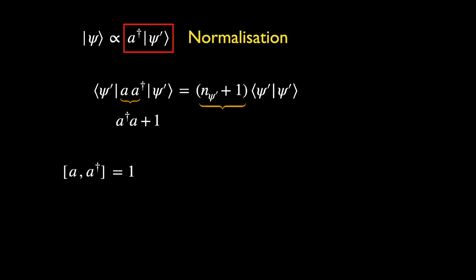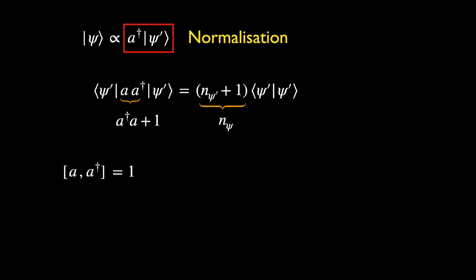It would be convenient to work out the normalization of this state. Taking the inner product of A dagger psi prime with itself, this evaluates to something where the term in the bracket is just the eigenvalue of psi.